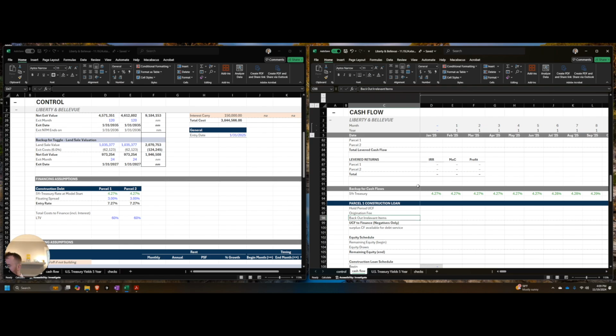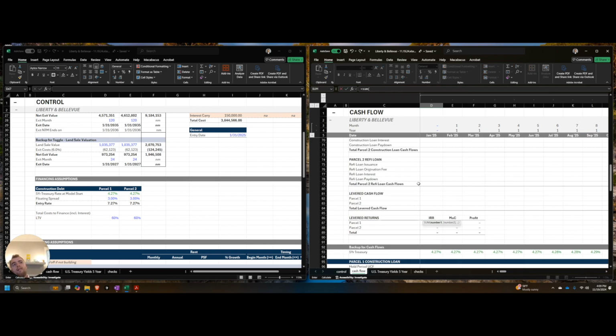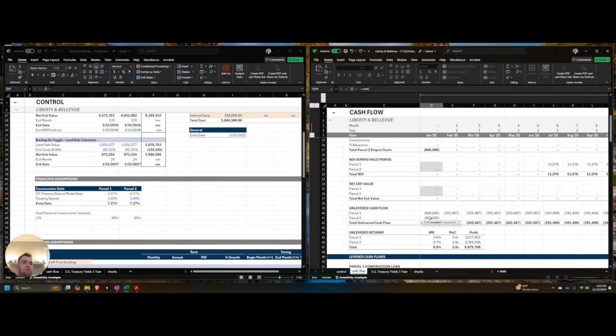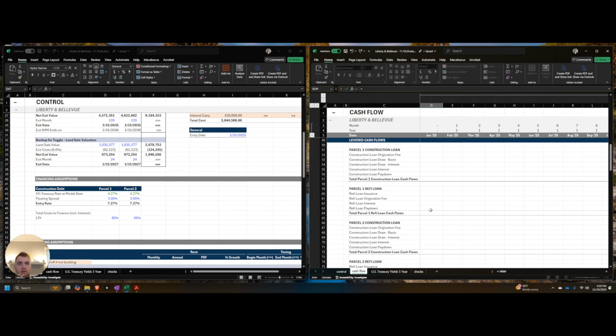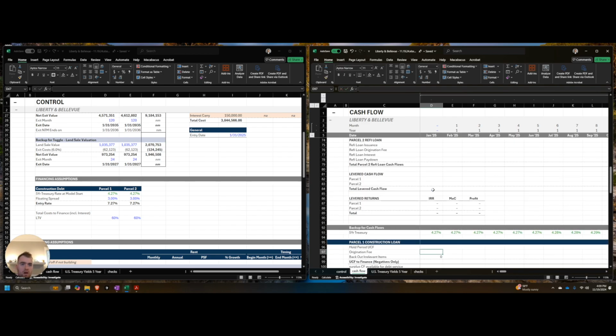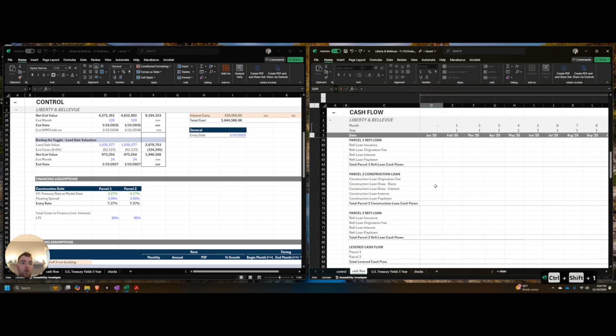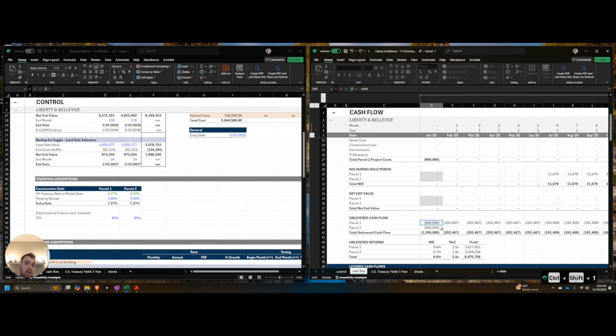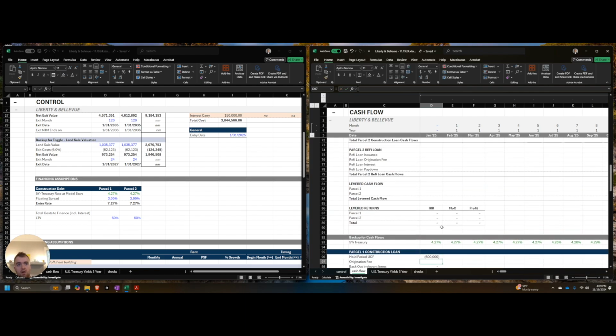The irrelevant items are going to be your, this will come together, just one second. It's going to be your net exit value. So it's going to be that. So I've got my unlevered cash flow for just parcel 1. I'm glad I did that earlier.